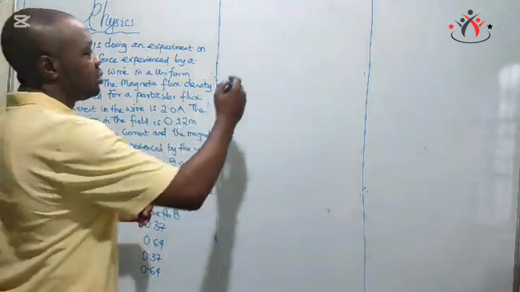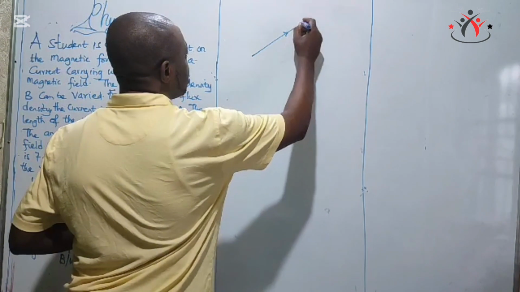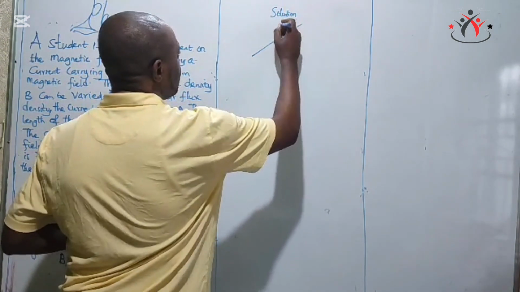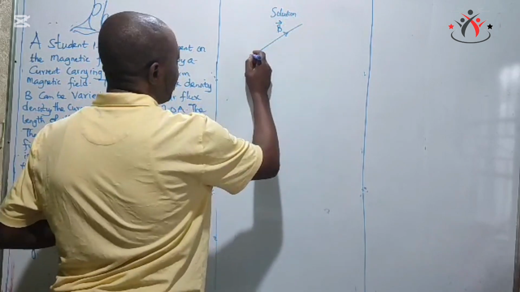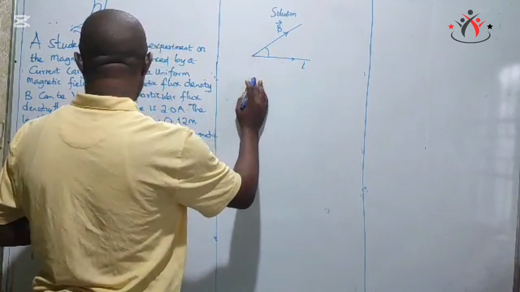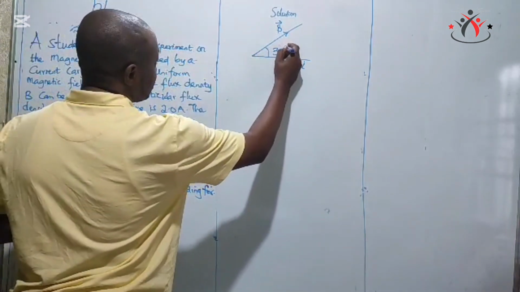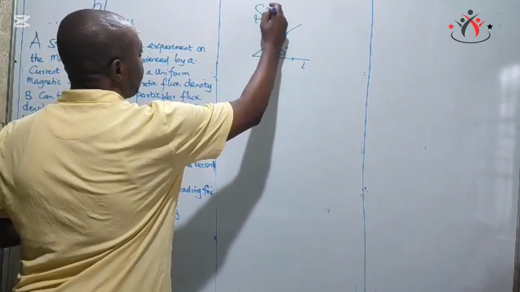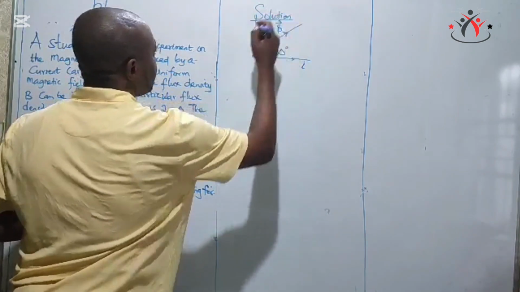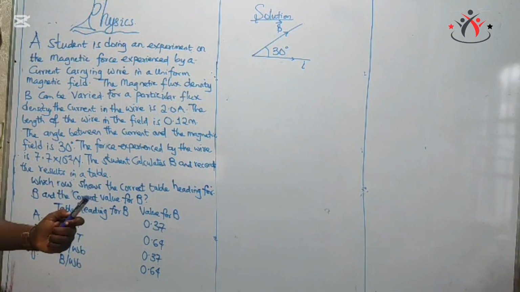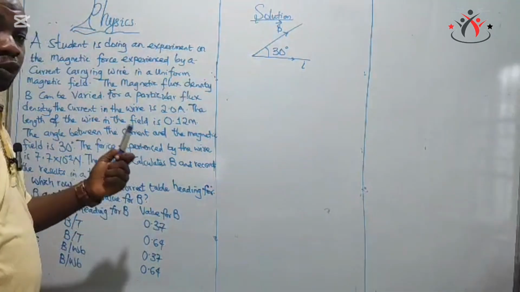So if this is the magnetic field, and then we have the electric current, the angle between the current and the magnetic field is 30 degrees.